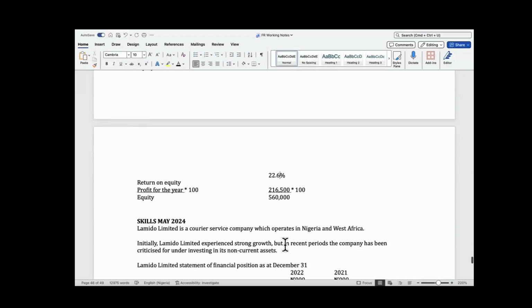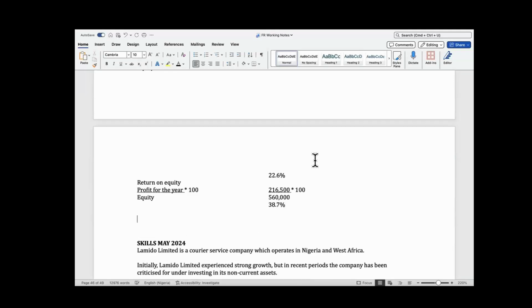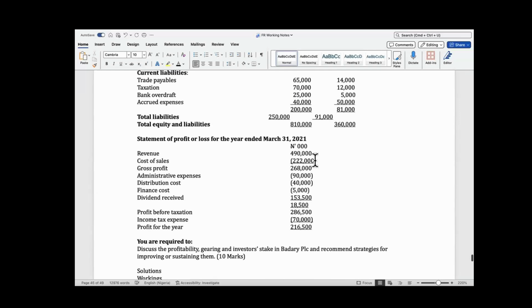Okay, thank you for the correction. So what about this? 38.66, that's 38.7%. So this is enough to speak to profitability.